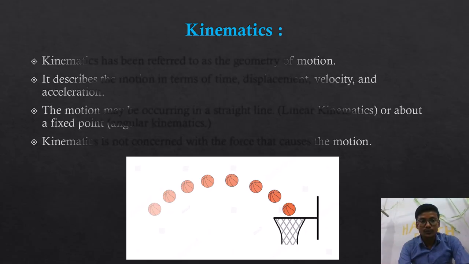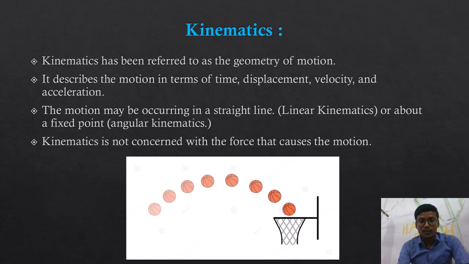Kinematics refers to the geometry of motion, and it describes motion in terms of time, displacement, velocity, and acceleration. Kinematics can be in a straight line, that is linear kinematics, or around a fixed axis, that is called angular kinematics.